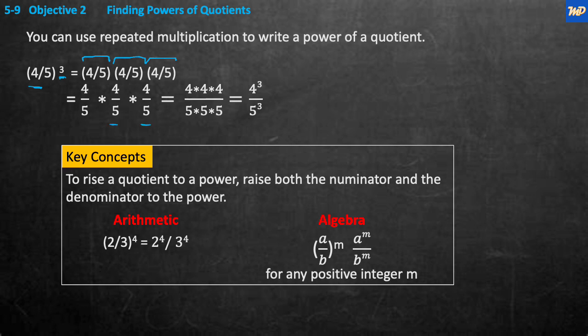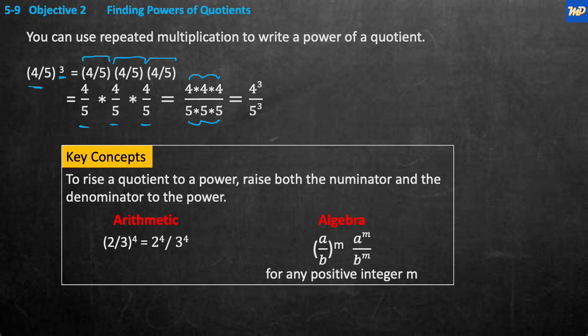Here they are, 3 of them. And that equals 4 times 4 times 4, 4 cubed, over 5 times 5 times 5, which is 5 cubed. And that shows you, 4/5 cubed is the same as 4 cubed over 5 cubed.